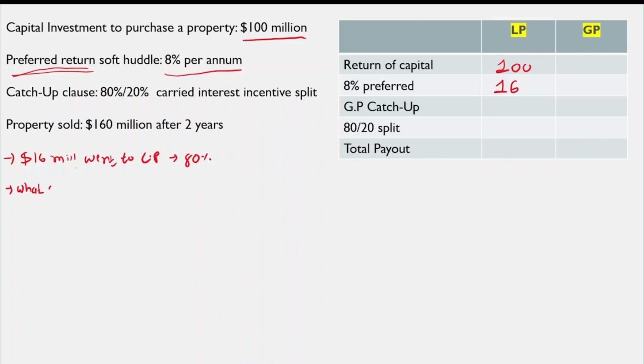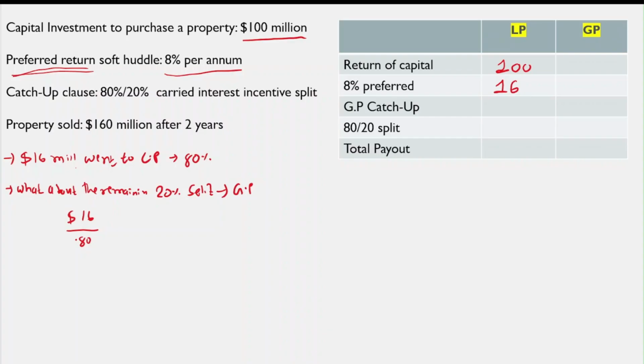So what about the remaining 20% split that will go to the general partners? How do we calculate the 20% split? 16 million is 80%, right?